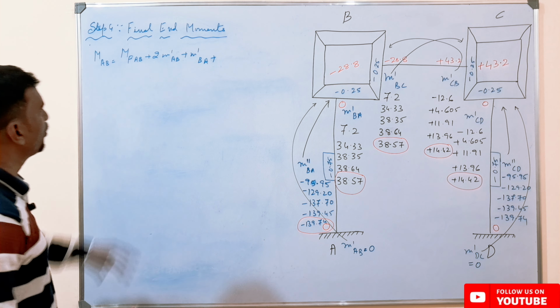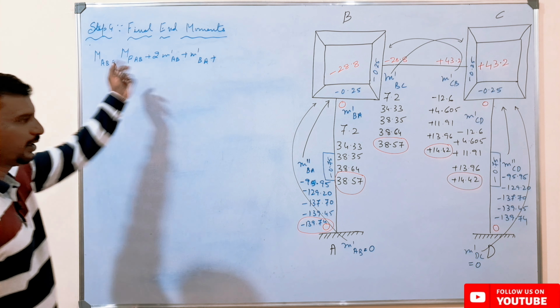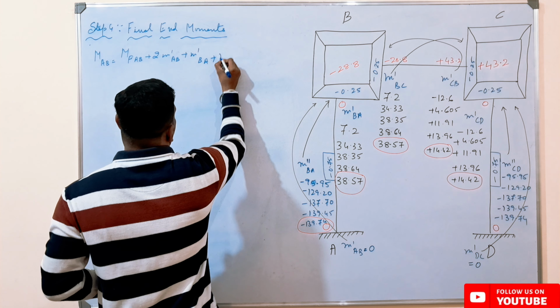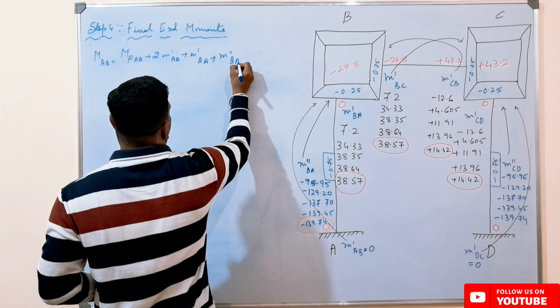Also for A to B, we have a displacement contribution, so it will be M double dash BA.